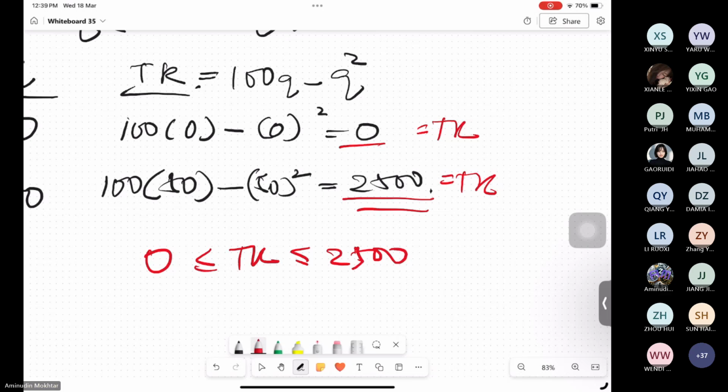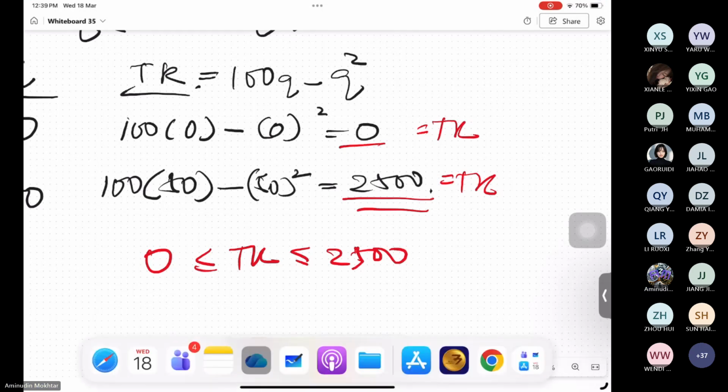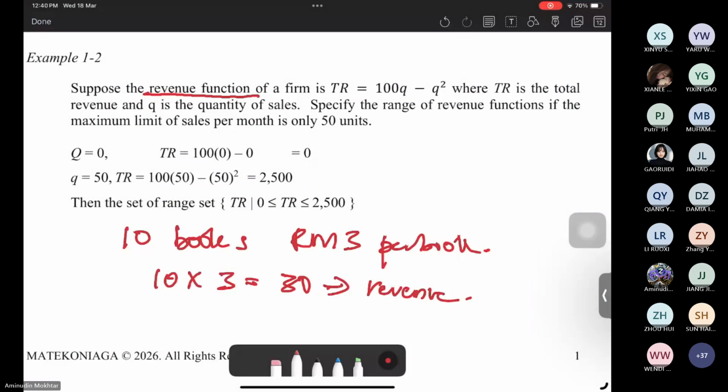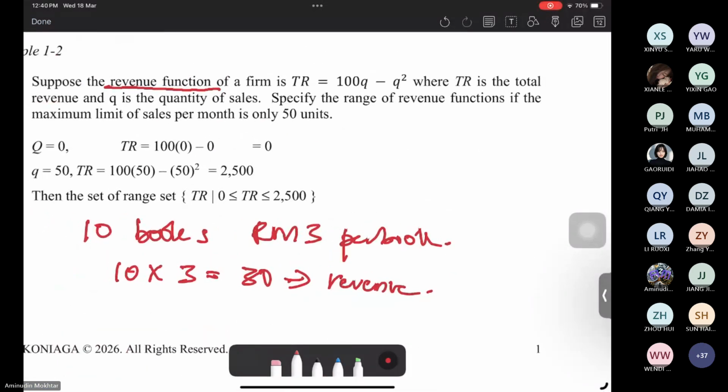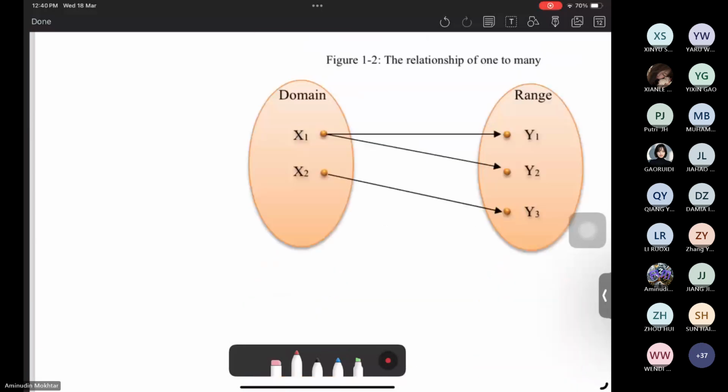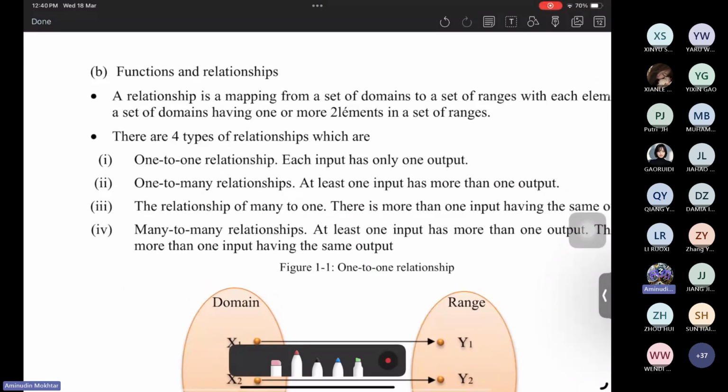Okay, that's about example 1.2. Okay, this section B, I leave it to you.